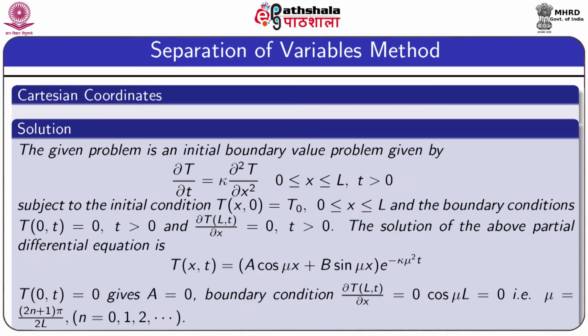So, this is a one dimensional problem. So, we have to find the solution of the one dimensional heat equation, which is written here, subject to the initial condition, capital T of x, 0 equals T0, where x lies between 0 and capital L. Capital L is the length of the rod and the boundary condition is T at the end x equals 0 is 0 and the other end is insulated.